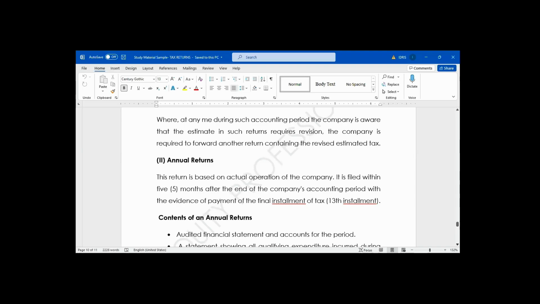Five months after the end of the accounting year, every upstream petroleum company must file actual return or annual return.